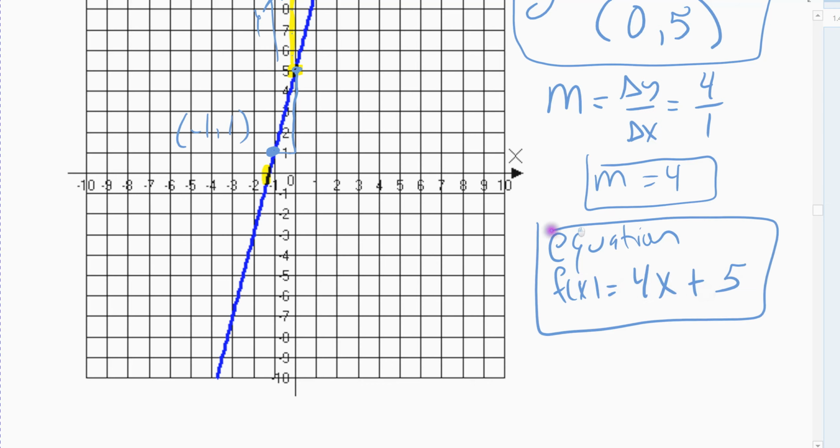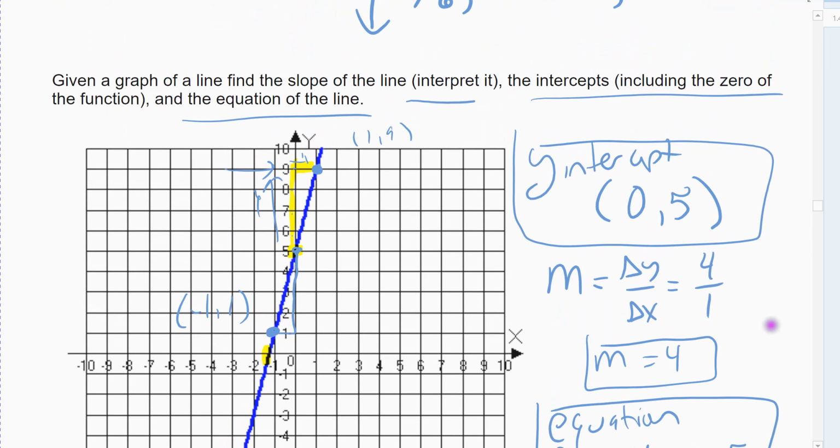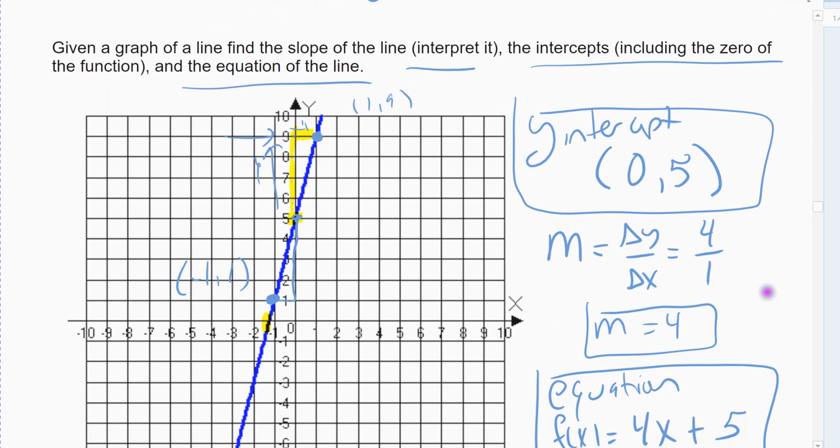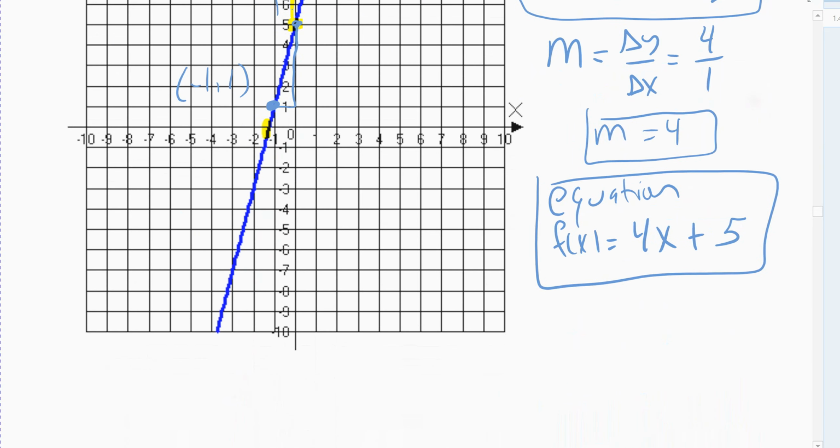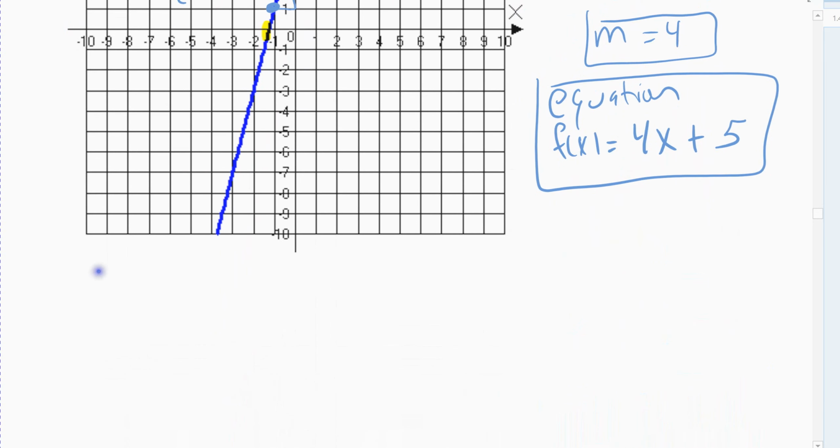So there's the equation. Alright, so find the slope, interpret it. I haven't interpreted it yet. Find the 0 of the function and the equation of the line. So I still need to interpret my slope and find my 0. Alright, so I'll interpret my slope first.